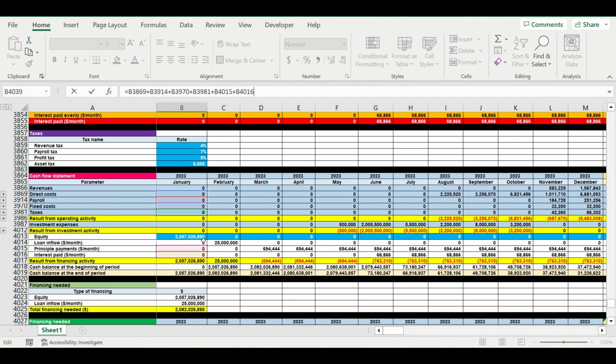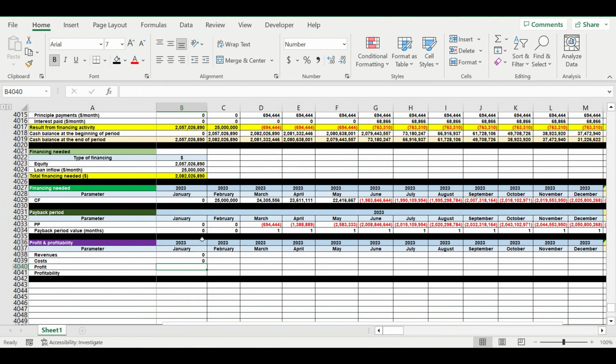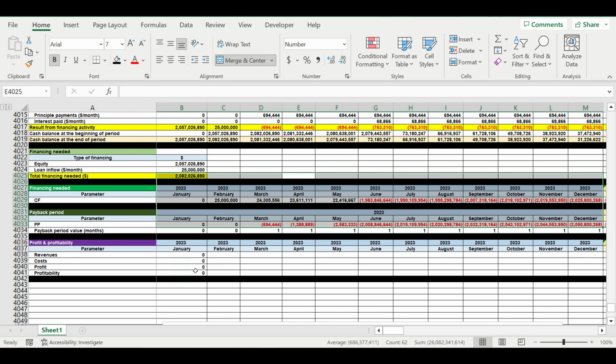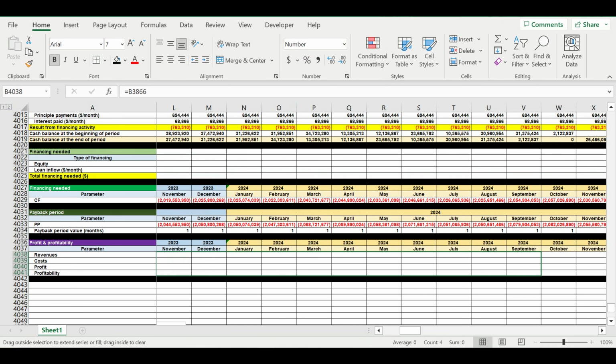Now we are pressing enter. Then the profit will be revenues minus total expenses, and profitability will be profit divided by the revenues. If error, then we will put 0, and this will be a percentage format. Now let's extrapolate this formula to the right.